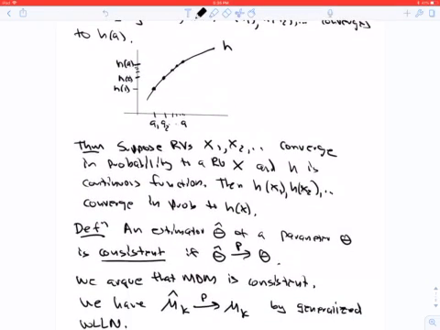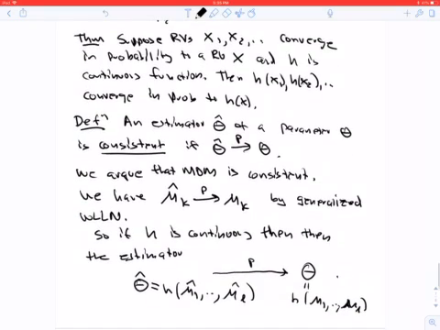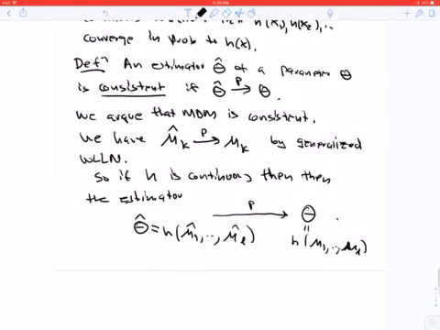That's just a simple calculus or pre-calculus definition, but this actually applies to random variables. So we have a nice theorem. It says, suppose X1 to Xn and so on converge in probability to X, and h is a continuous function, then h of X1, h of X2, and so on converges in probability to h of X.